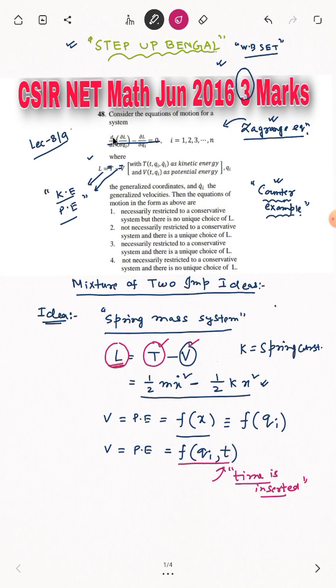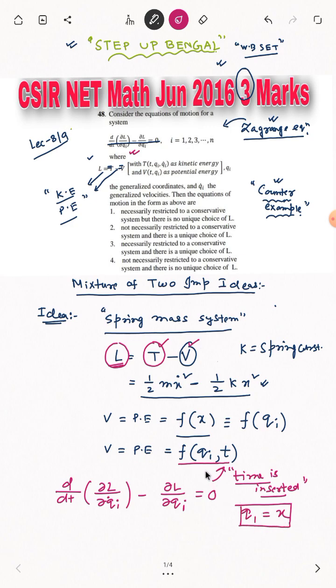And since we all know this Lagrange equation, what was that equation? That means d/dt of within bracket del L by del q i dot minus del L by del q i, and that is equal to 0. Now in our case, that means in case of spring mass system, this qi is obviously only one, that is q1, and that is x. So we are familiar to this idea, nothing new in it.